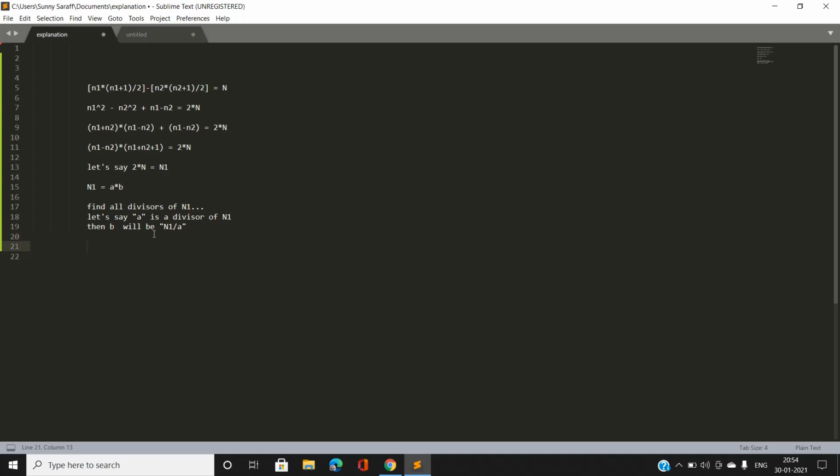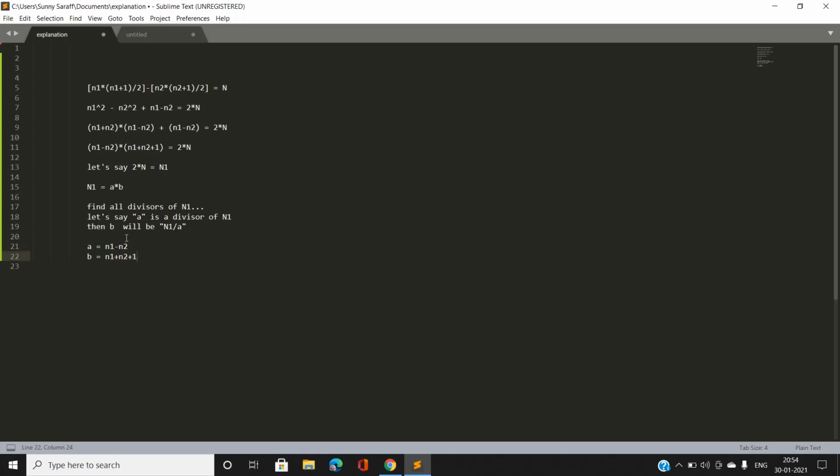Now one thing you can note: let's say A is equal to N1 plus N2 and B is equal to N1, sorry, I have made a mistake here. Okay, A equal to N1 minus N2 and B must be equal to N1 plus N2 plus 1.